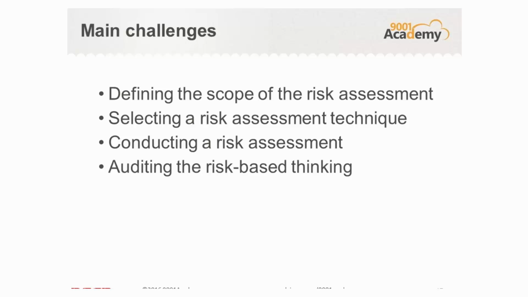As I said before, the best evidence, of course, is to have some kind of a record about the assessment, about the results of the actions taken to address risk-based thinking. And those records don't have to be some new kind of record, some new forms and things like that.